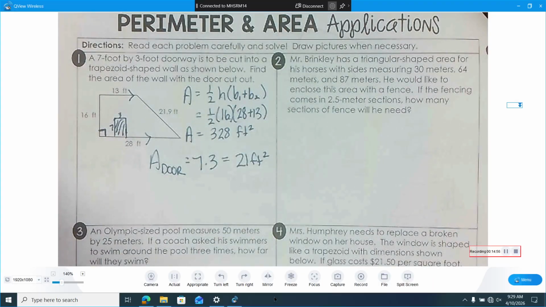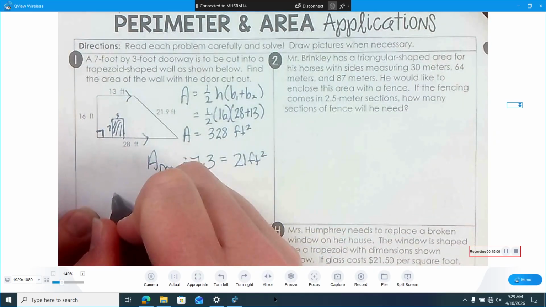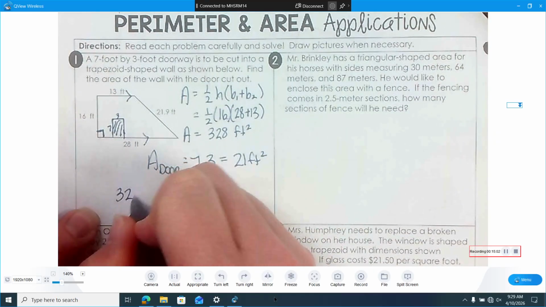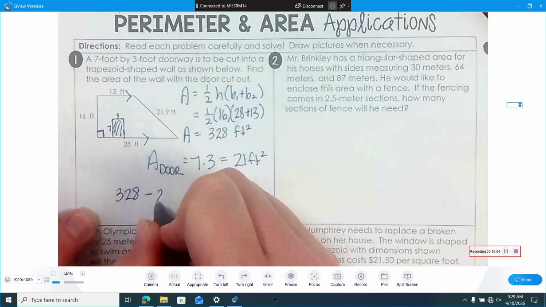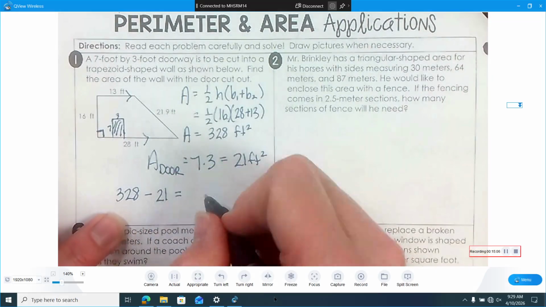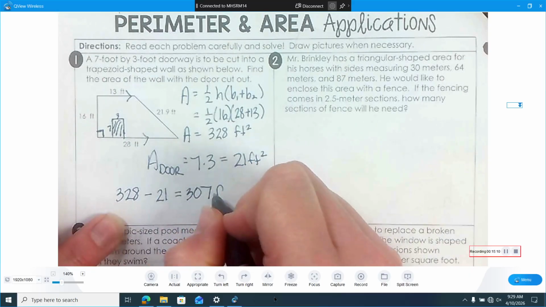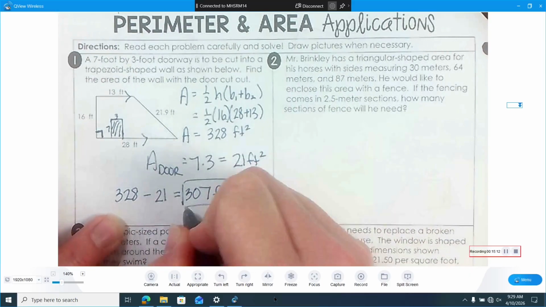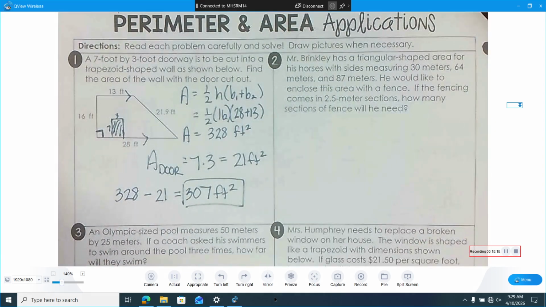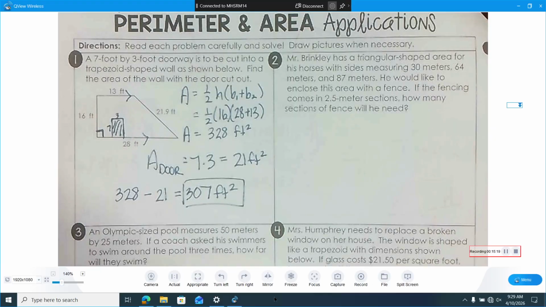We're removing the door, right? And so I just need to do the 328 square feet minus the 21 square feet, and we get 307 square feet. So the area of the trapezoid minus the door, because we're taking away the door.